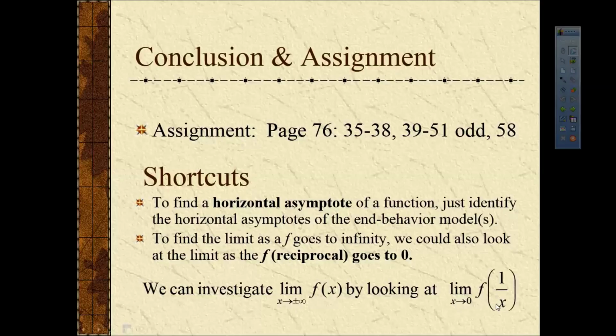Graphing f of 1 over x essentially turns f of x inside out. All the things that happen to f of x on the far edges of the graph will happen to f of 1 over x right near the center of the graph at x equals 0.